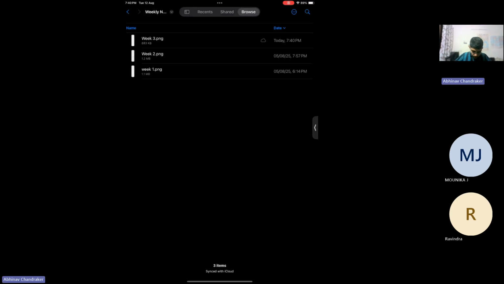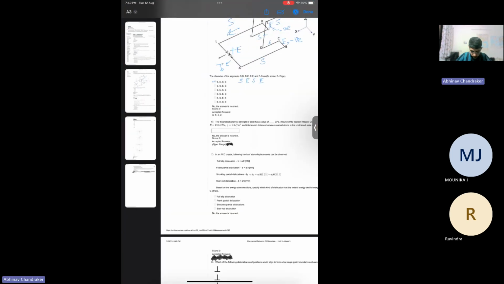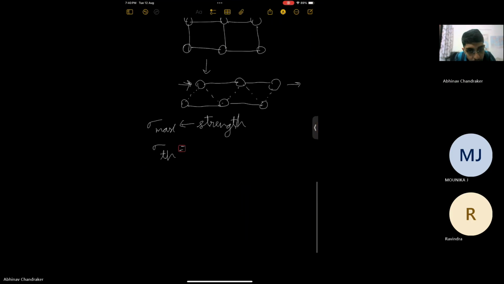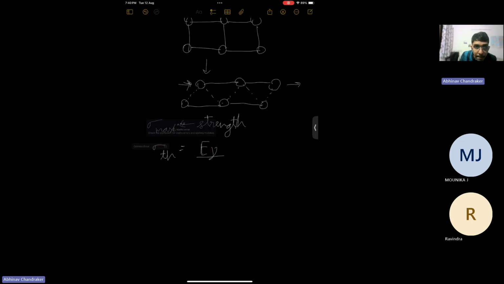So sigma theoretical, the theoretical strength as per the derivation, is equal to the square root of E mu by B. It depends on the surface energy getting created when the atoms move with respect to each other, or one portion of the material moves.